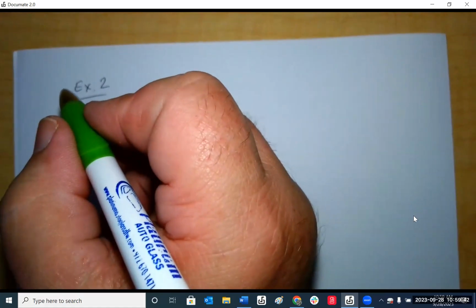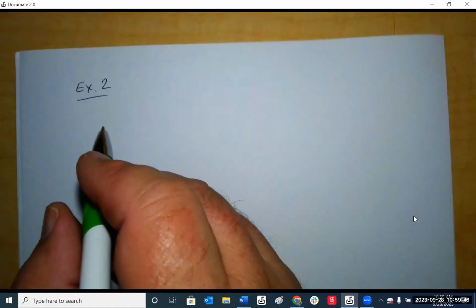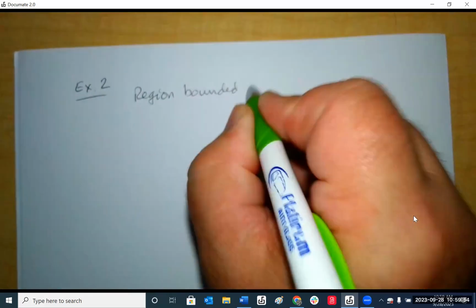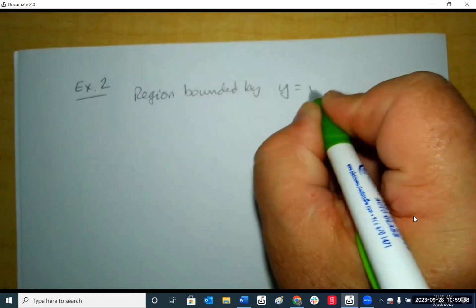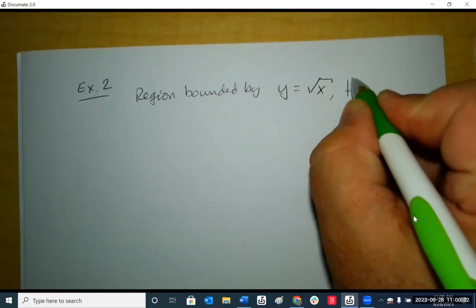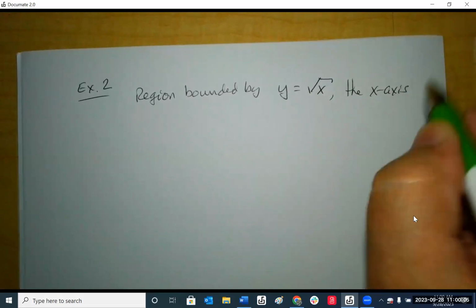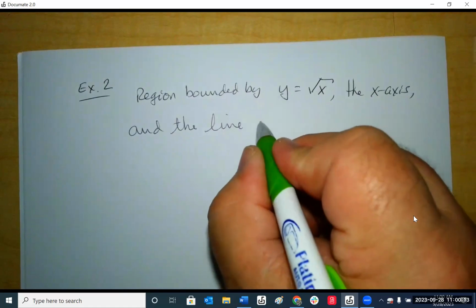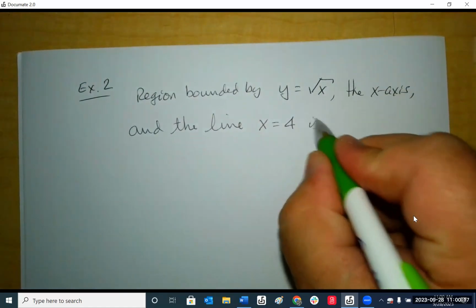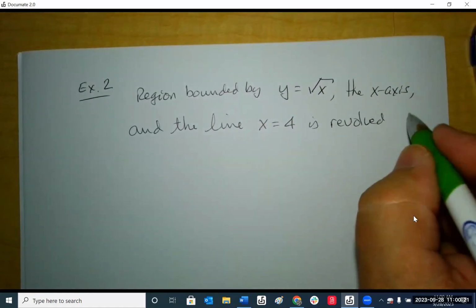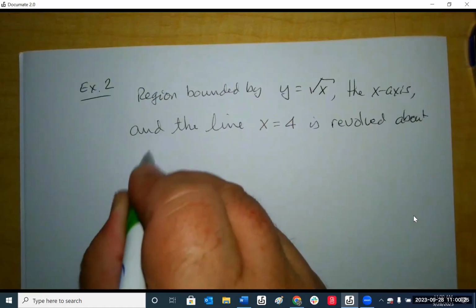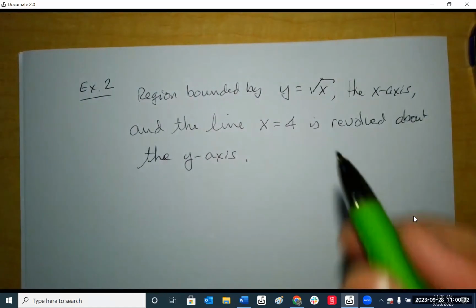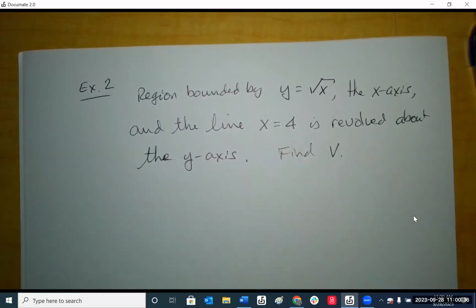Question 2 again: the region bounded by y equals radical x, the x-axis, and the line x equals 4 was revolved about the y-axis to generate a solid. Find V.